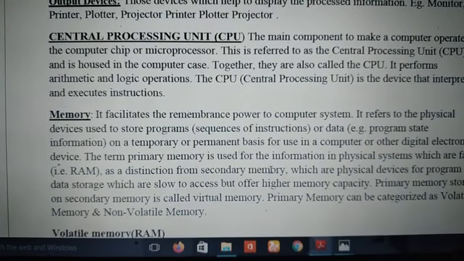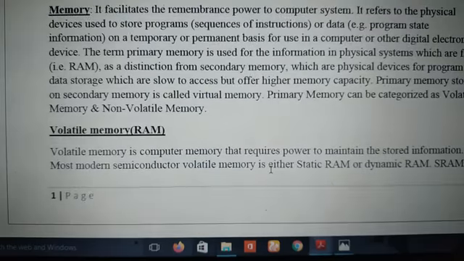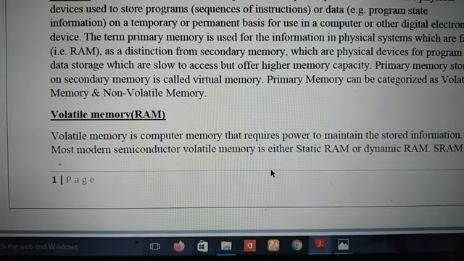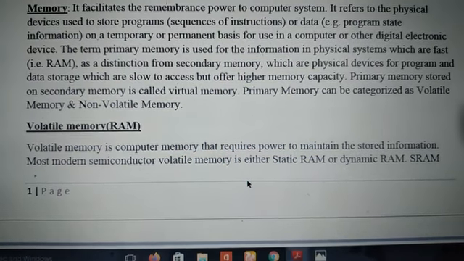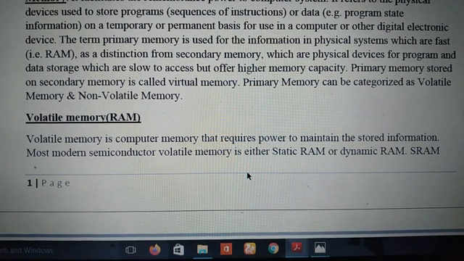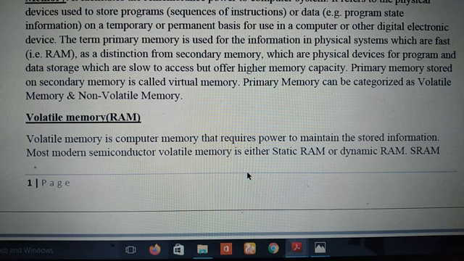Now coming to the classification of memory. RAM, random access memory, is a volatile memory. Which memory is called volatile? Volatile memory means that when the power is turned off, the information stored in that memory is lost, or you can't access that data when the power is turned off.